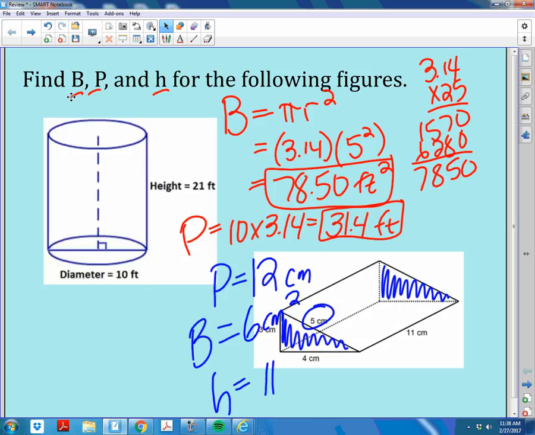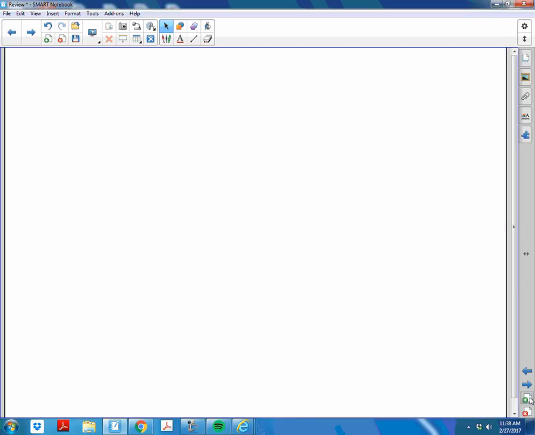Hopefully you picked up a formula sheet when you walked in, because what we're going to talk about today is the 8th grade method, if you will, of finding the total and lateral surface areas. Now, someone remind me again, what's the difference between the total surface area and the lateral surface area of any object, Tara?